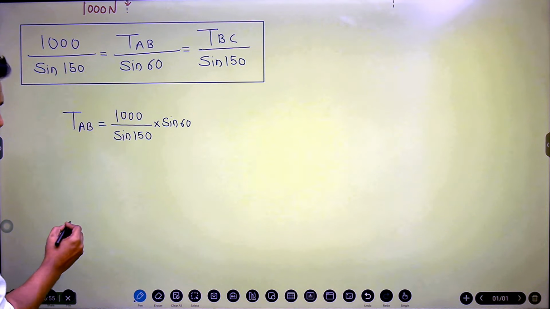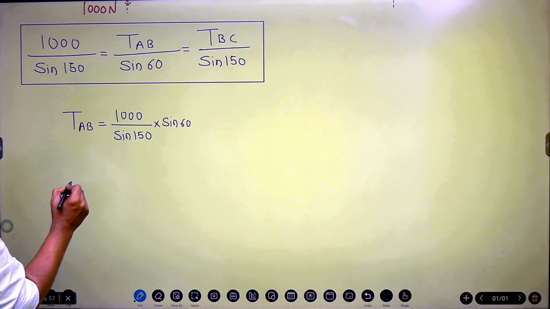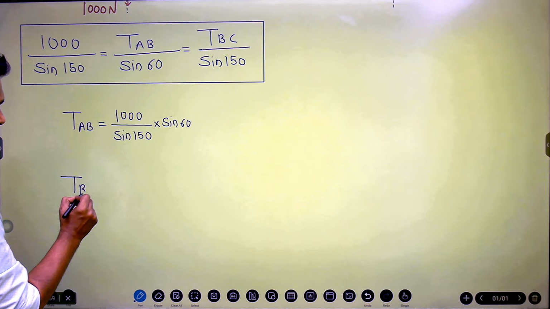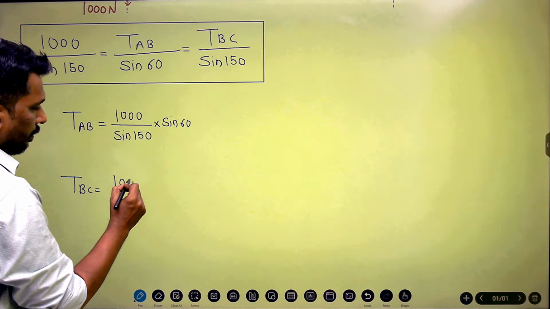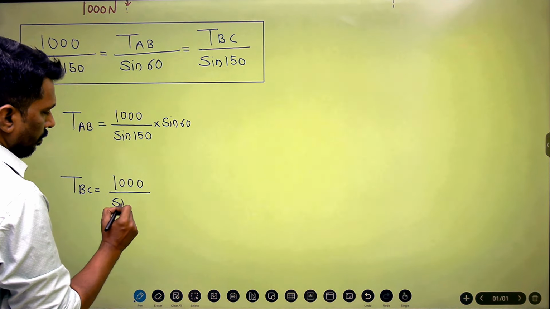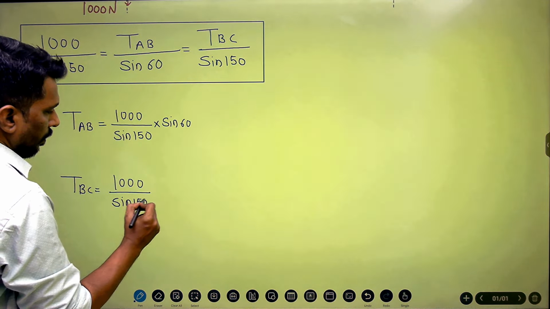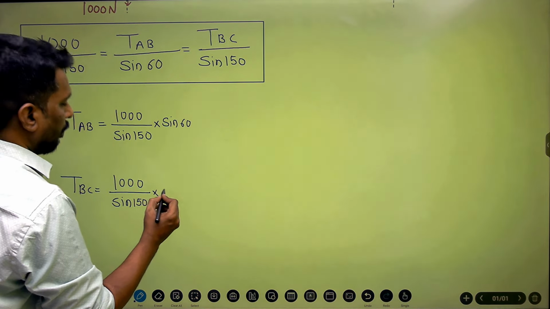And for the TBC, again 1000 upon sine 150 into sine of 150.